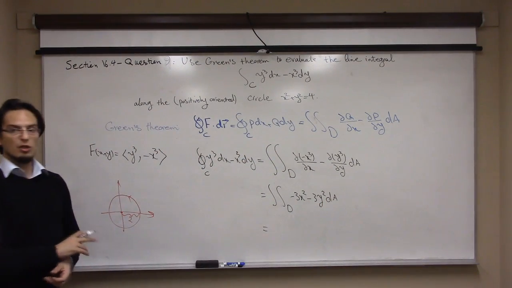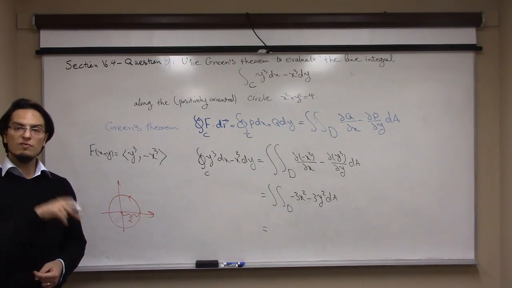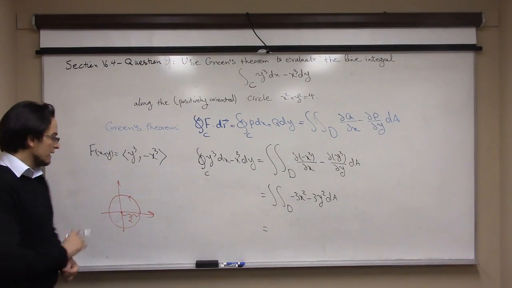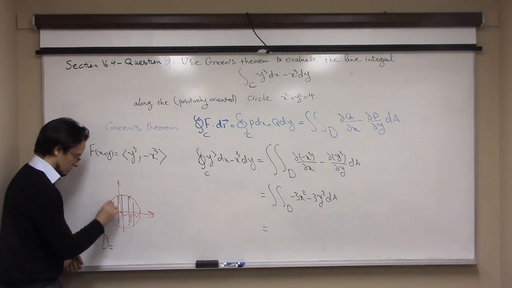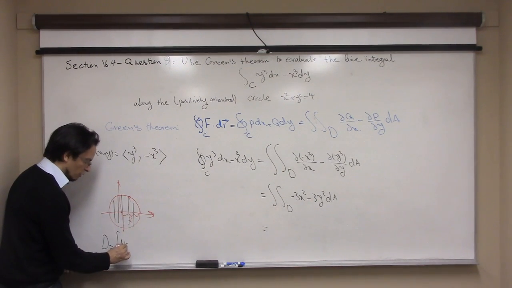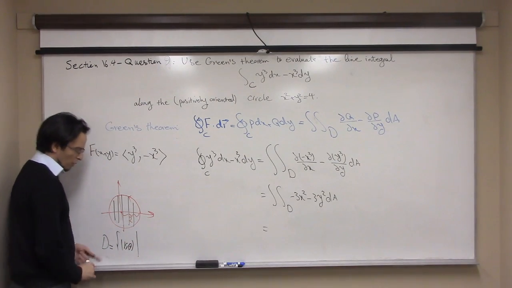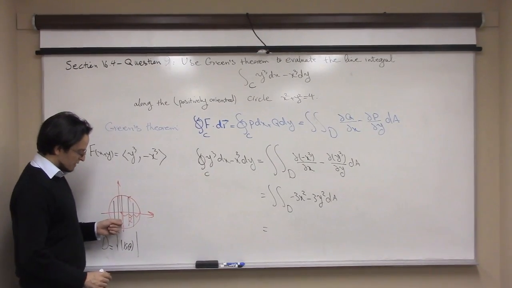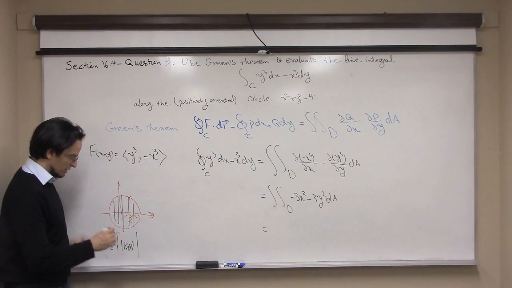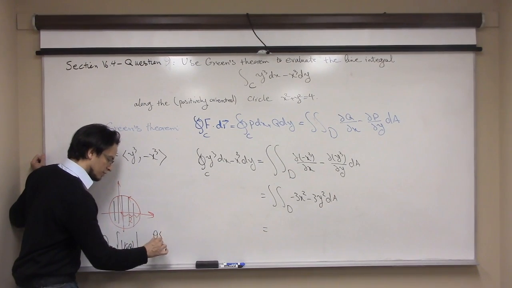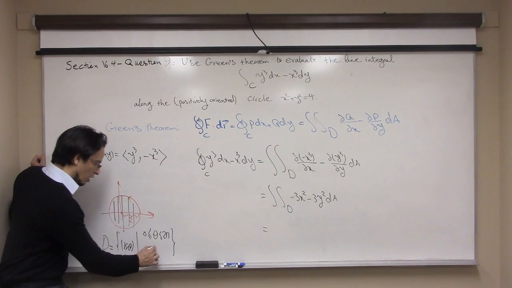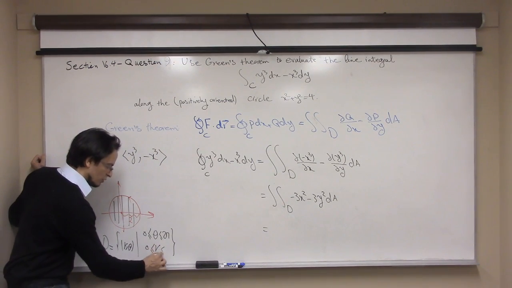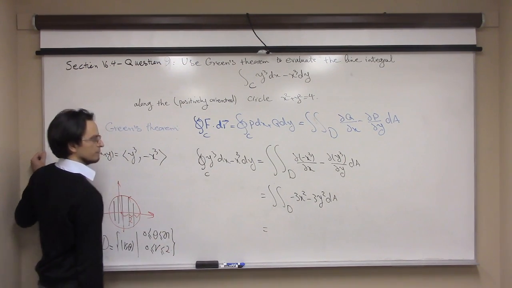I have a double integral. To evaluate a double integral over a circular region, it is better to write that region, which is inside this circle, in polar coordinates. The polar coordinates that describe the disk of radius 2 centered at the origin are theta from 0 to 2 pi, and r from 0 to 2.